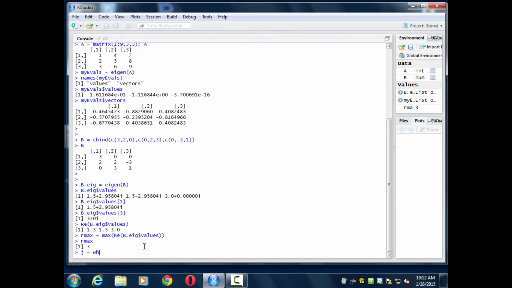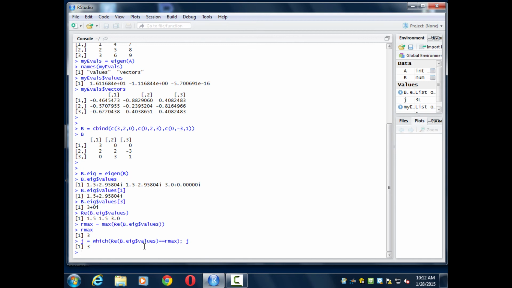We would use the command which, the real part that is equal to Rmax, real part of B.eig values. Okay, so this would be storing the index for the eigenvalue that has the maximum real part.